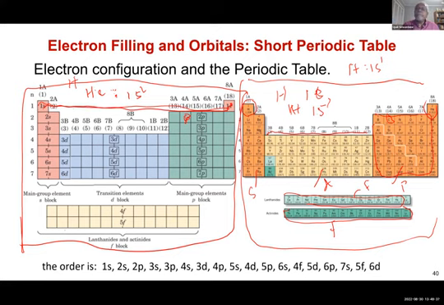Carbon is 1s2, 2s2, 2p2. I am showing how to get it simply. All you have to do is use the periodic table to get the electronic configuration. Do you have any questions so far? No, sir. Okay, let's move on. You can ask more questions later.